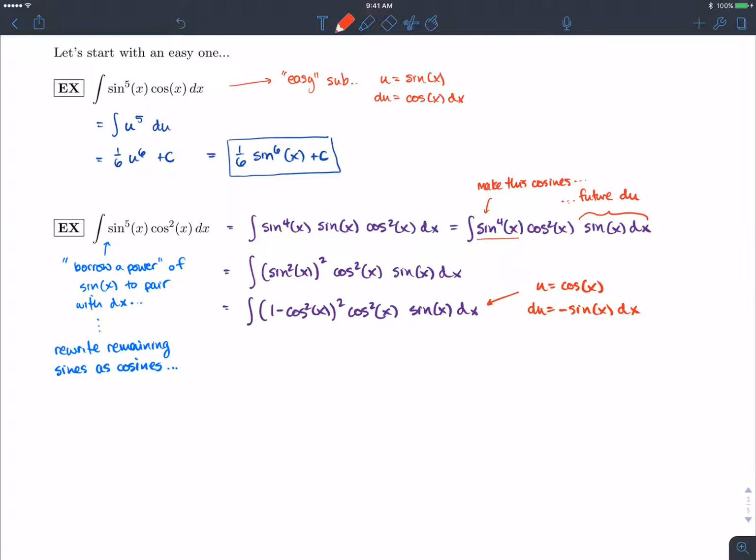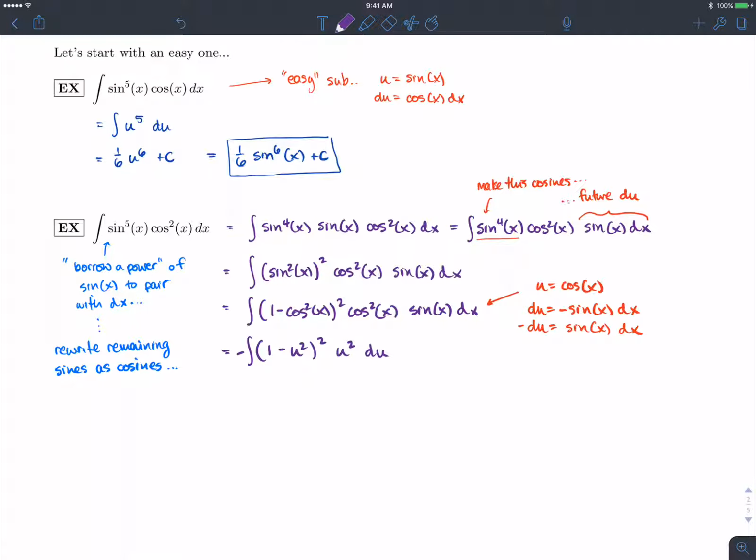We'll multiply both sides by -1, and we'll get negative du is equal to sine of x dx. And now we're going to do our substitution. So we've got 1 minus u squared squared times u squared du, and we put the negative out in front that came along with that du.